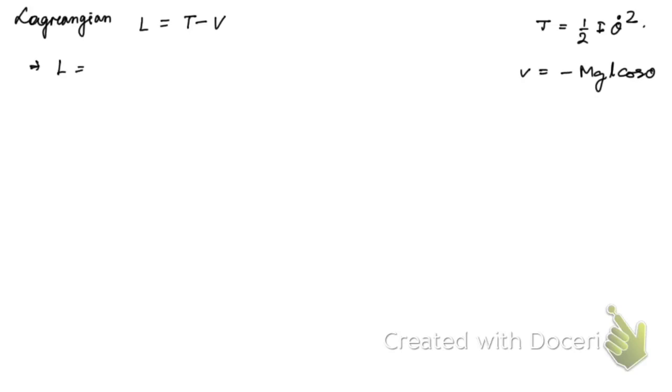So L is equal to half I theta dot square minus V, which is minus minus mg L cos theta. Minus minus becomes plus, so simply we can write it this way, plus mg L cos theta. Hope you have understood this. Let me take this as equation number 1.